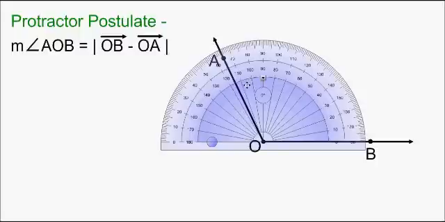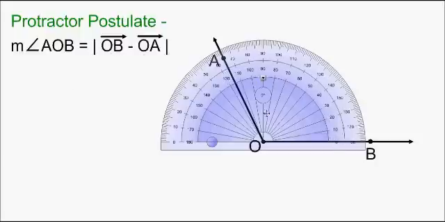So I can see this angle is about 115 degrees. So this is halfway between 110 and 120, so that's 115 degrees. You can use the outside or the inside to measure, but be careful. I used the inside here because this is 0 and this is 115.